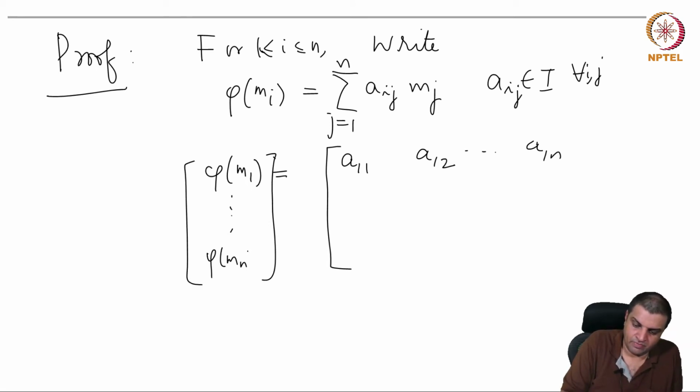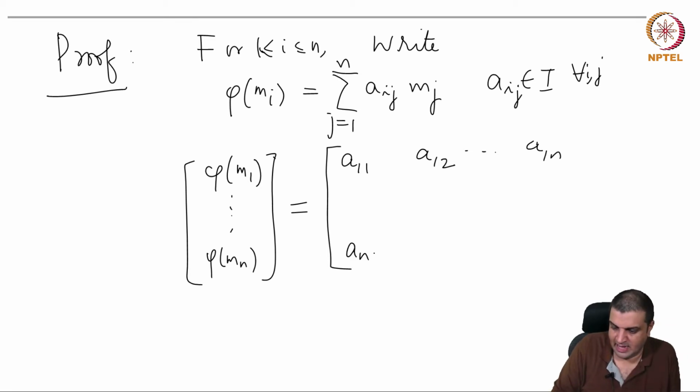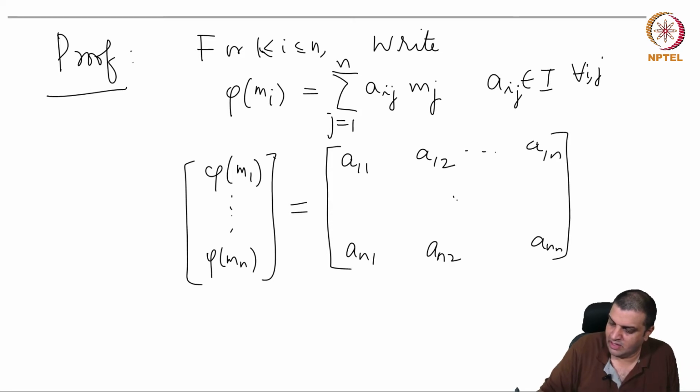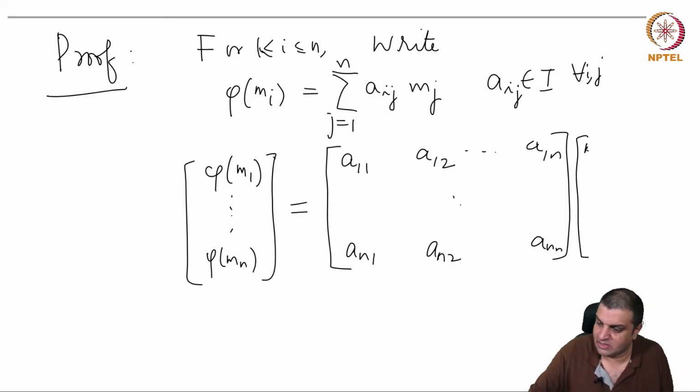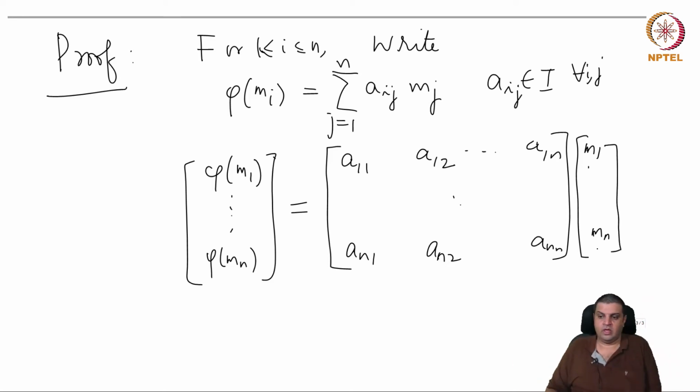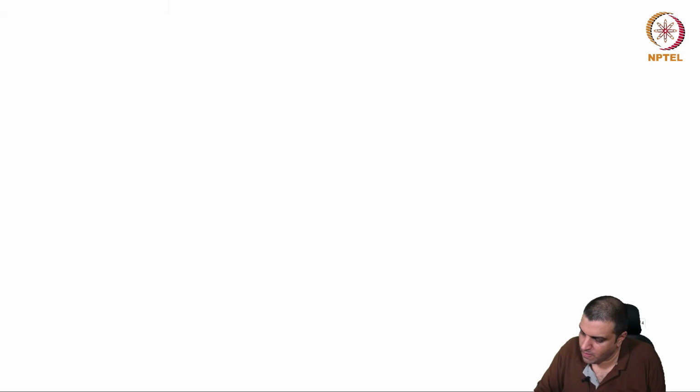Phi of mn we can write as an1, an2, and so on, ann, and what multiplies here is again m1 to mn. So this is an n by n matrix, and this is n by 1, and here is n by 1. This is exactly where the finiteness is used, that we get a matrix expression like this.